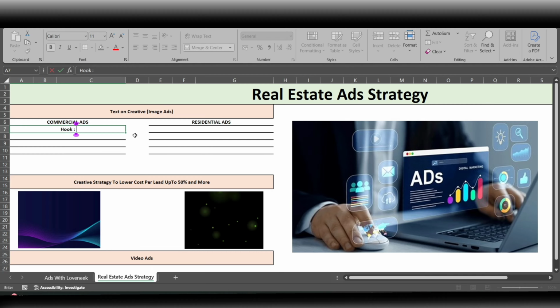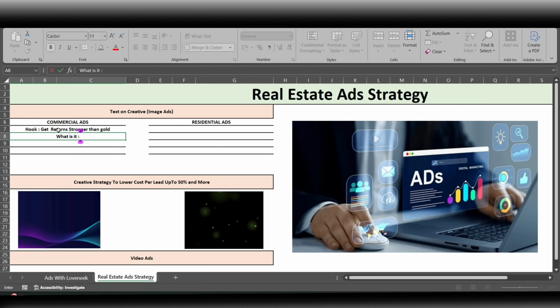Maybe we can write something like, get returns stronger than gold. The first thing will be the hook only. You can write it accordingly, or you can ask ChatGPT, it will give you even better hooks. Now after you write the hook, then in the next line you will mention what it is.